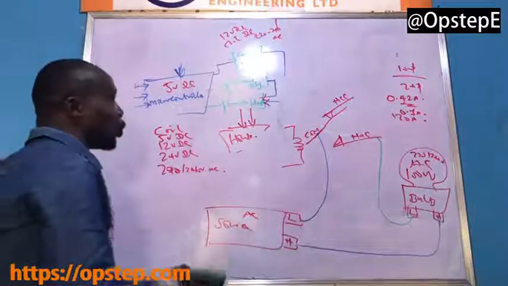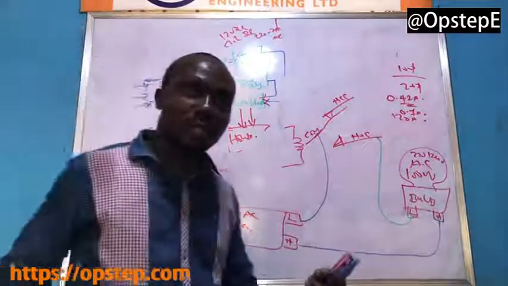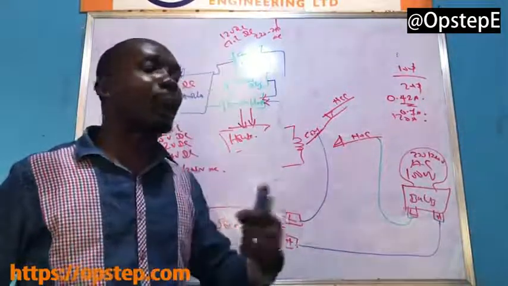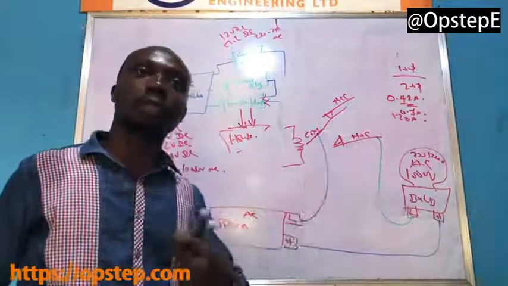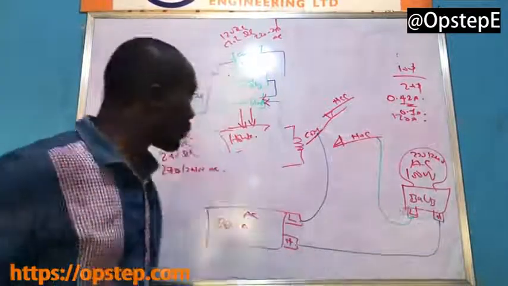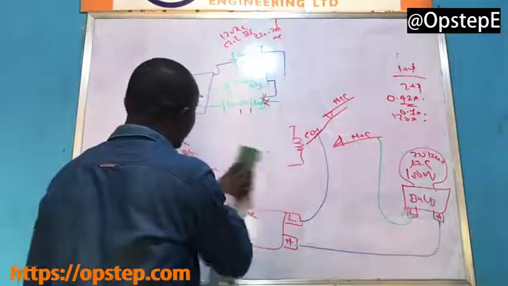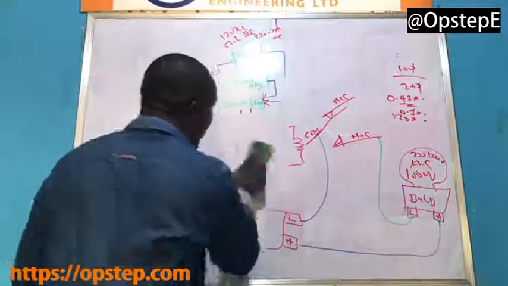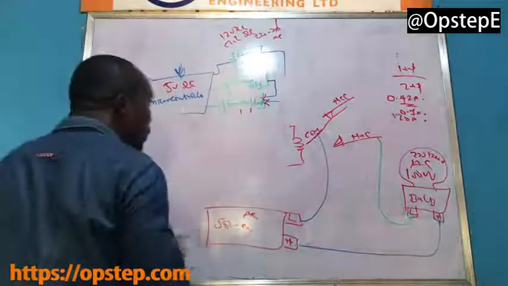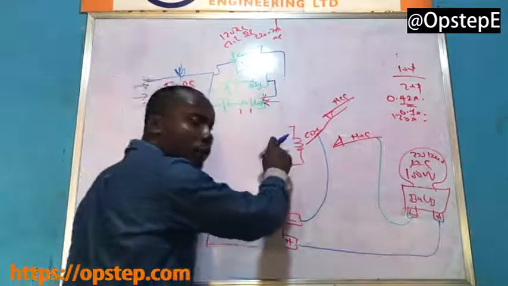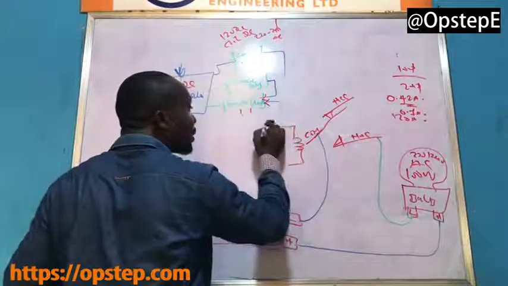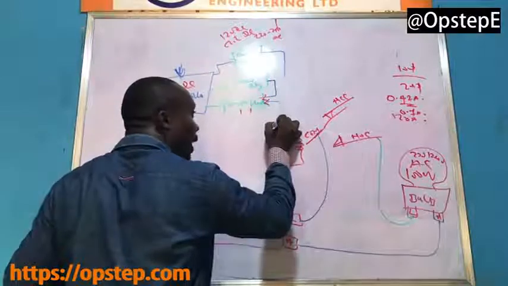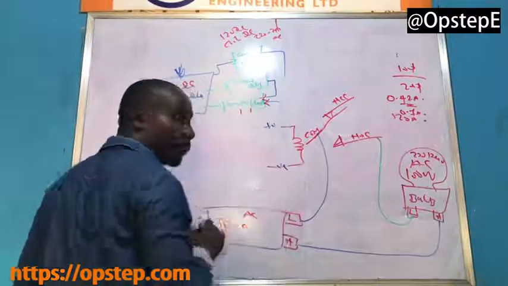Don't forget that the voltage applied on the coil of the relay comes from the microcontroller. But please look at how that happens. Now, the coil of the relay, we said that it is DC, 12 volts, which means it requires positive supply here and negative supply here.